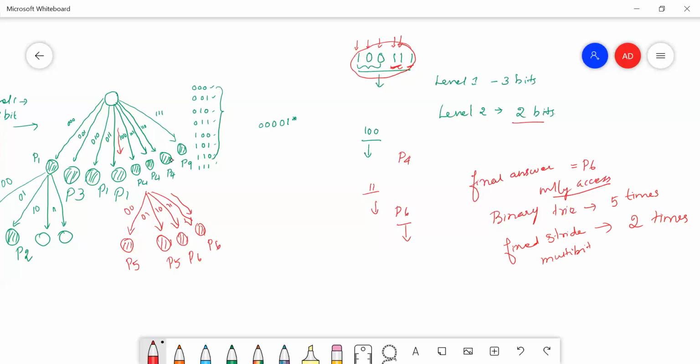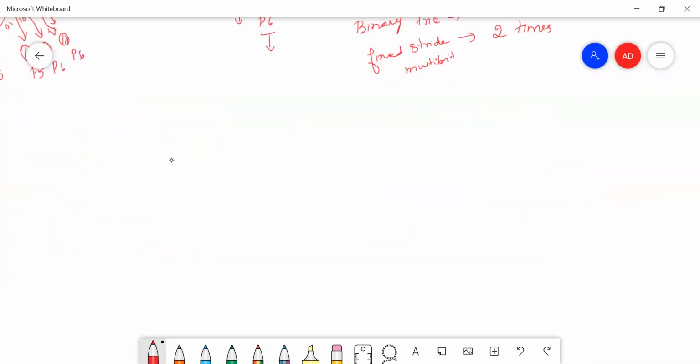Okay, so when you work with the concept of a fixed stride multi-bit trie, the search time complexity is given as big O of W by K, where K is the stride and W is the length of the address, the length of the IP prefix.